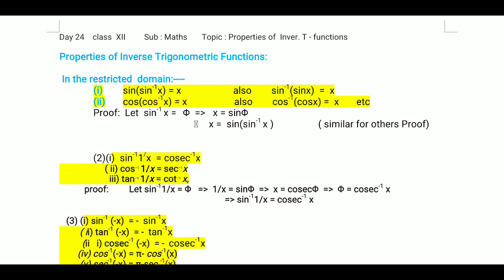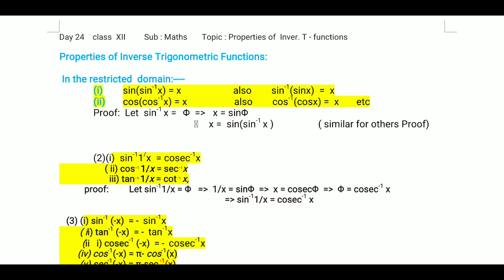Proof of the first one. Let sin inverse (1 upon x) be equal to phi. Then by the definition, 1 upon x will be equal to sin phi. So 1 upon x is sin phi, then the reciprocal of 1 upon x gives you the reciprocal of sin phi, that is, x is equal to cosec phi.